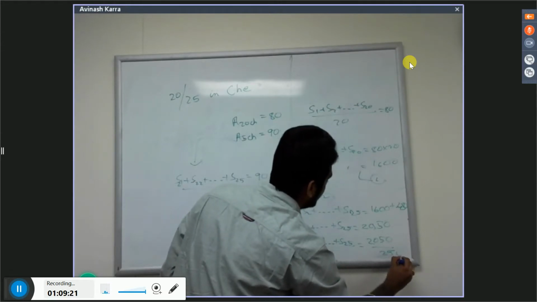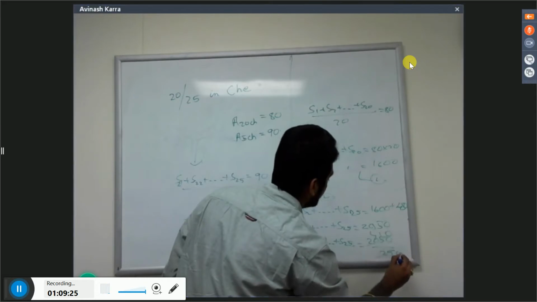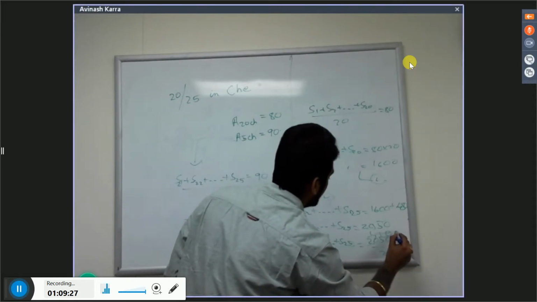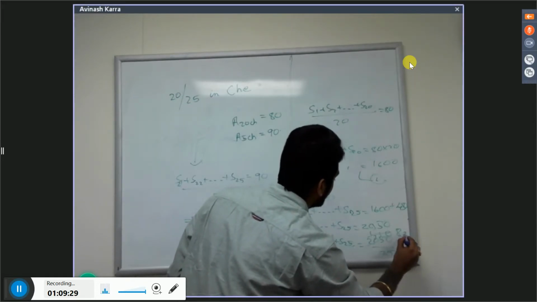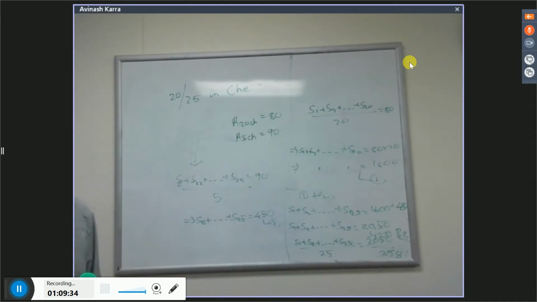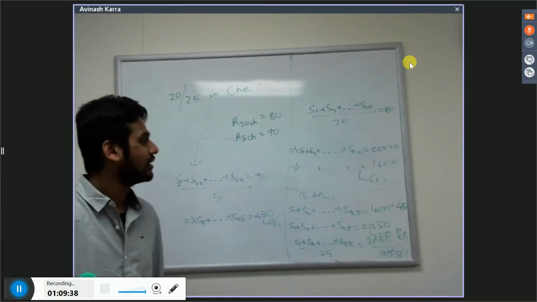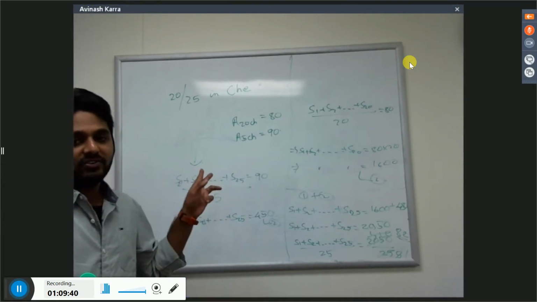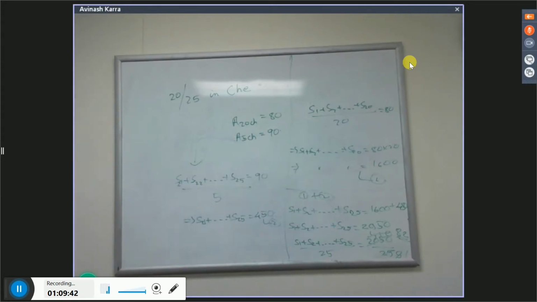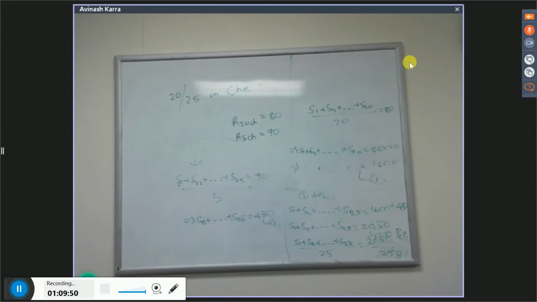So 82 is the answer. Is it good? Yes. Did you understand? If you don't understand, I will explain each and every step now.